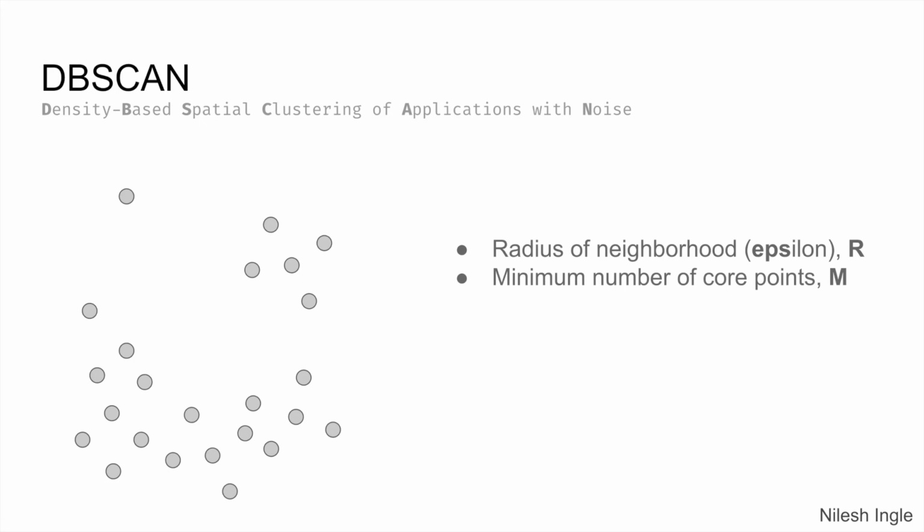There are two important parameters that we can use to control the clustering in this method. The first one is radius, or radius of neighborhood, that is also called epsilon, EPS, and the second is the minimum number of core points, or minimum number of data points that should be within that circle.